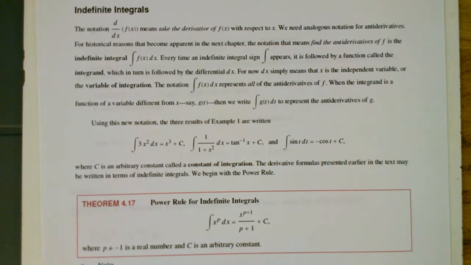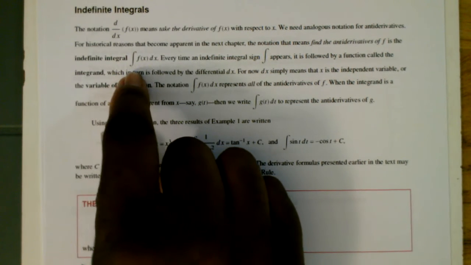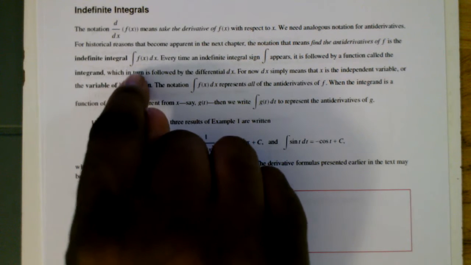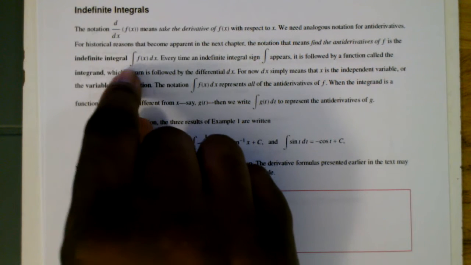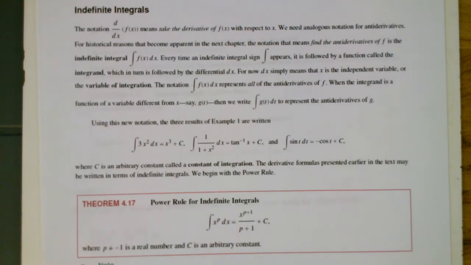The notation that means find the antiderivative is the indefinite integral. This symbol right here is an elongated s, and it actually means the sum. So that would be your integral sign, and then f of x dx.